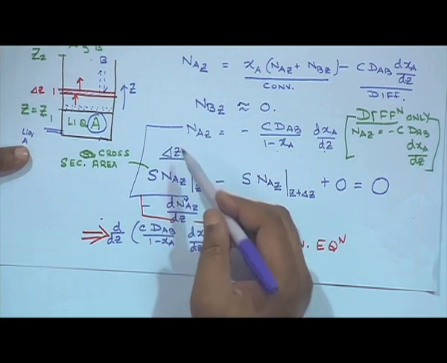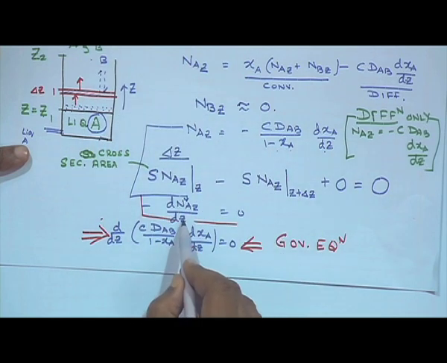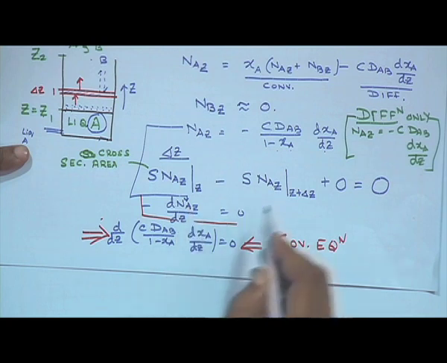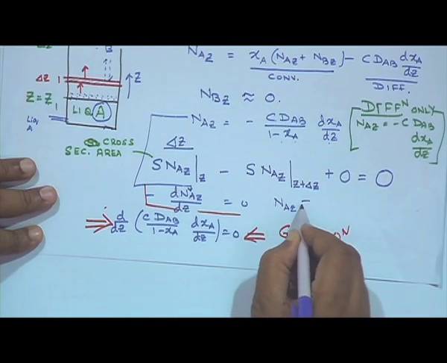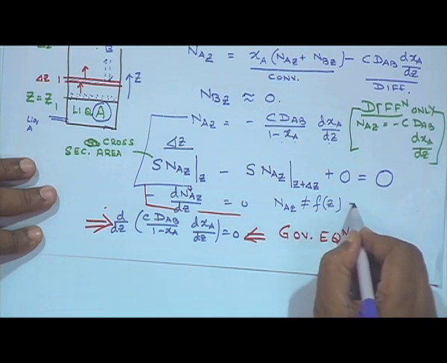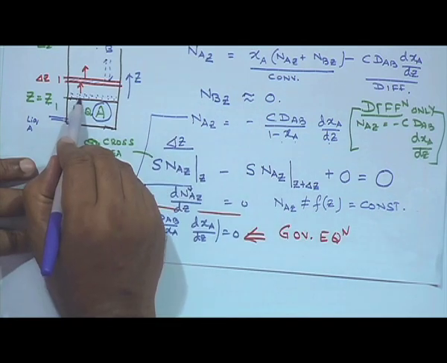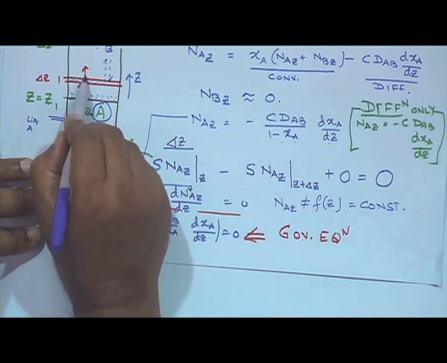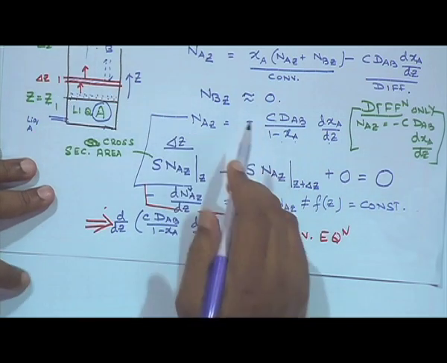I also understand that since it is a non-reacting system, d dz of NAZ is 0, which only shows that NAZ is not going to be a function of Z. So, NAZ is simply going to be a constant. Whatever gets evaporated, the entire amount at steady state will travel through the tube to the outside.